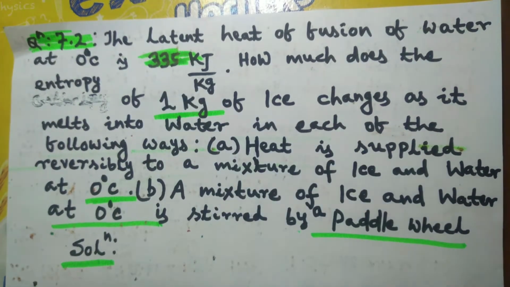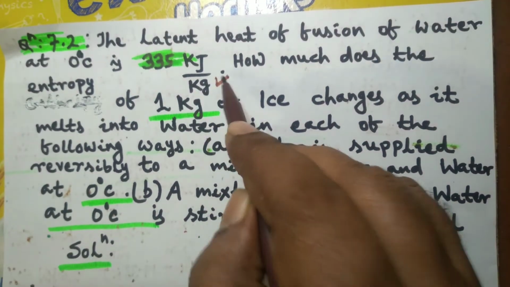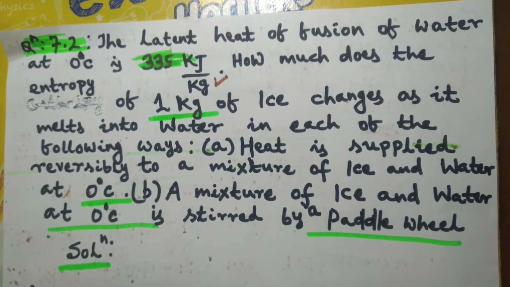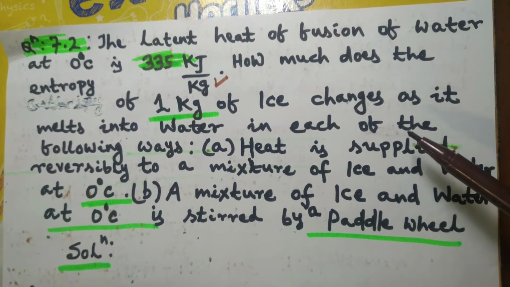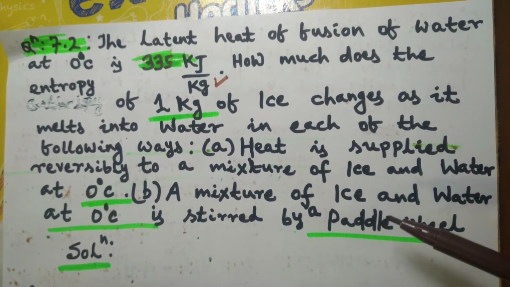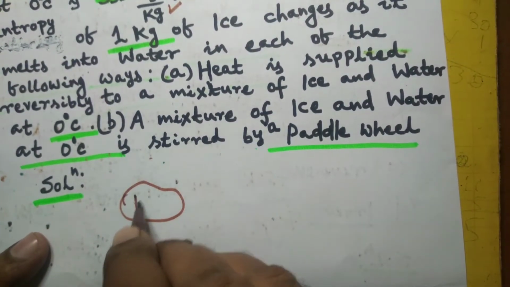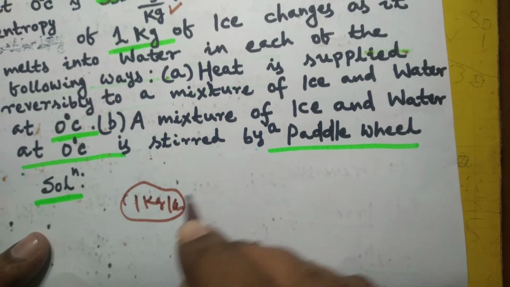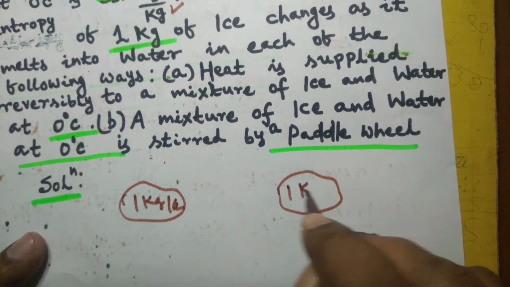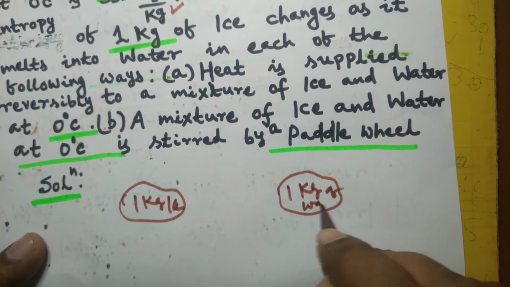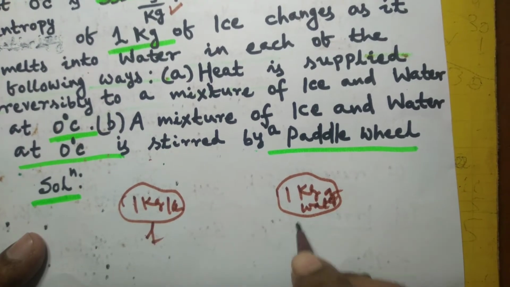If you want to convert ice into water, you have to supply 335 kilojoule per kg, or if you extract 335 kilojoule per kg from water, you will get ice at 0 degrees Celsius. So the state change in both the cases remains the same. 1 kg of ice is state 1, converted to 1 kg of water, state 2.